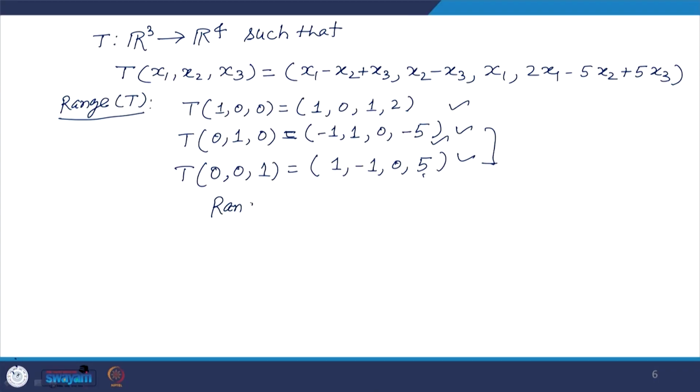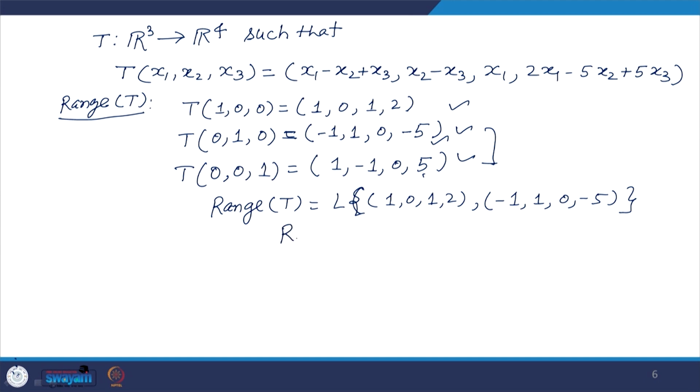So, the range of T will be linearly spanned by the vectors (1, 0, 1, 2) and (-1, 1, 0, -5). Hence, the rank of T is 2.